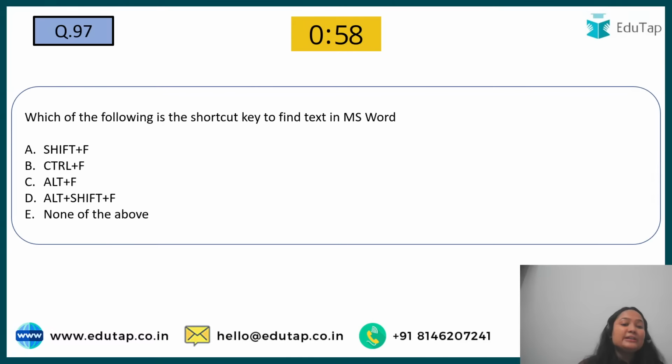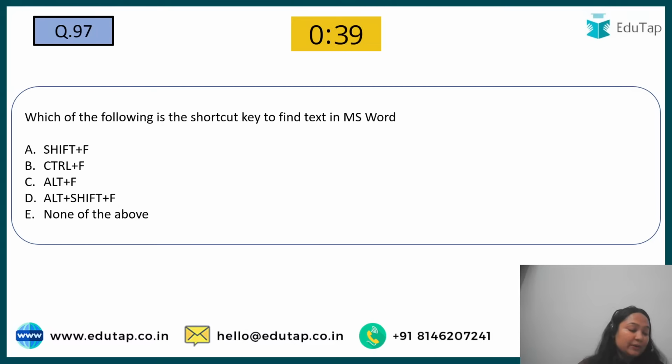Which of the following is the shortcut key for finding text in MS Word? Is it Control F? Control Alt F? Shift F? Alt Shift F? Or none of the above? Quickly, we have only 3 questions left. We can do it.